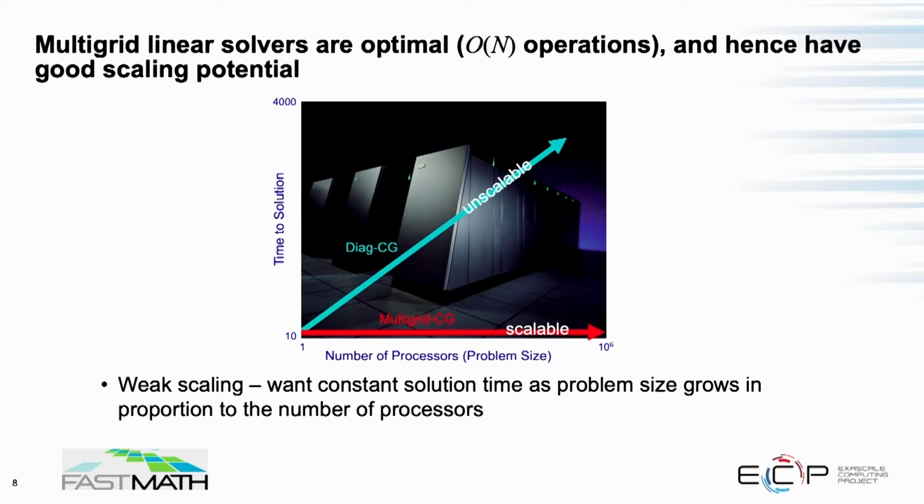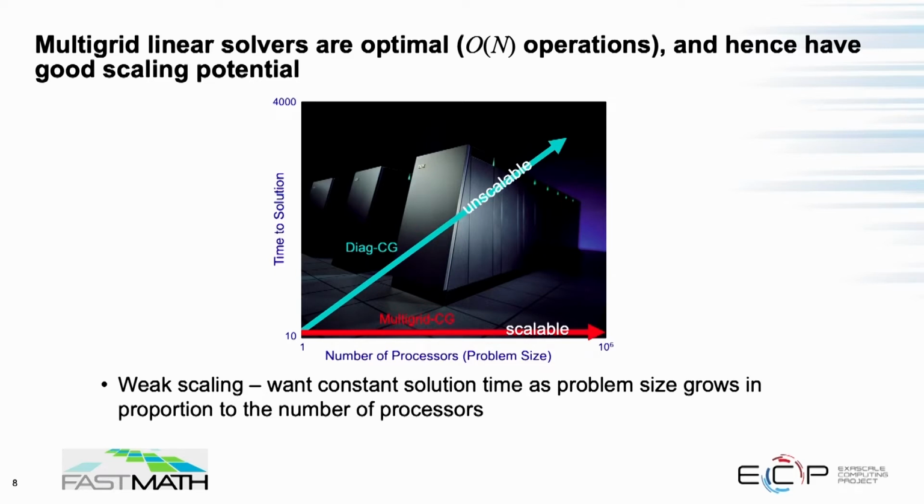If we look at this idealized graphic, which is considering a weak scaling study, as a reminder, we are increasing the number of processors as well as growing the problem size. Ideally, we would like constant solution time in this framework. But if we just stick with the more classical methods, like Krylov methods, as we saw in the hands-on exercises you were just working through, we often see that the number of iterations is going to grow as our problem size grows.